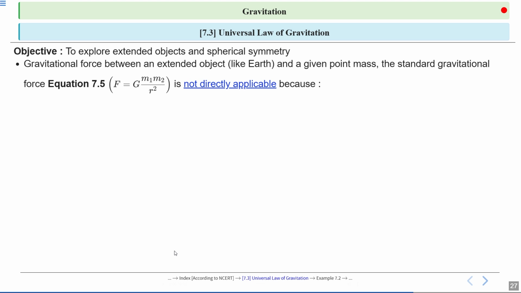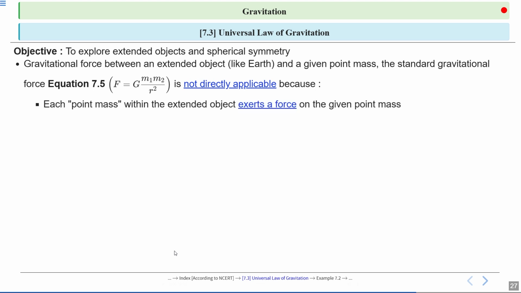So for gravitational force between an extended object like Earth and a given point mass, the standard gravitational force equation, that is G m1 m2 divided by r square, is not directly applicable. This is because we are dealing with an object that has mass distributed over a volume, not just concentrated at a point.